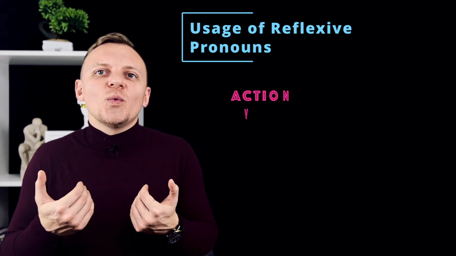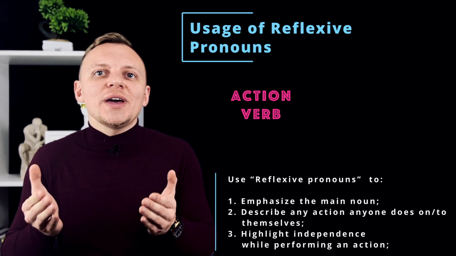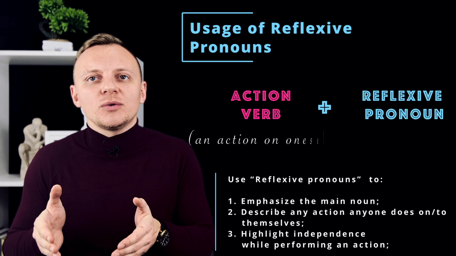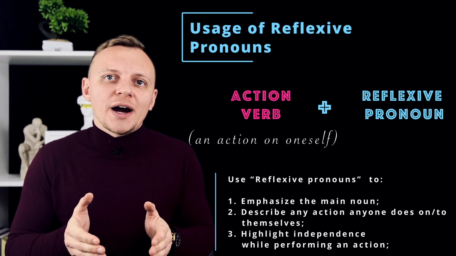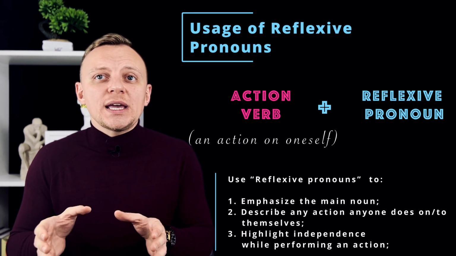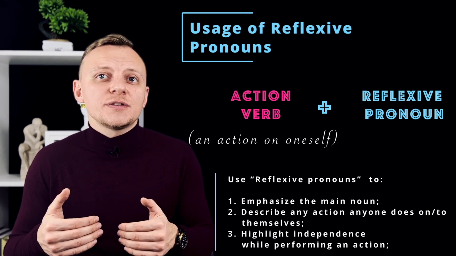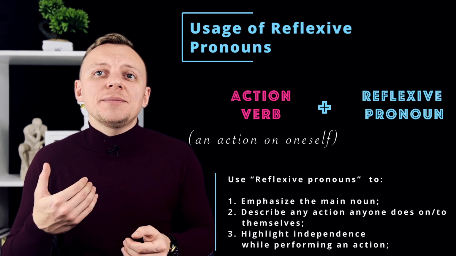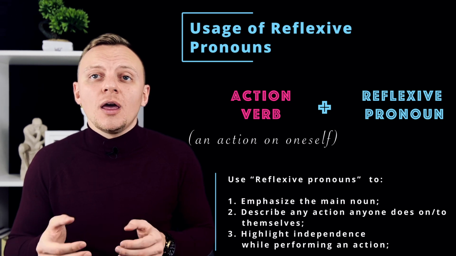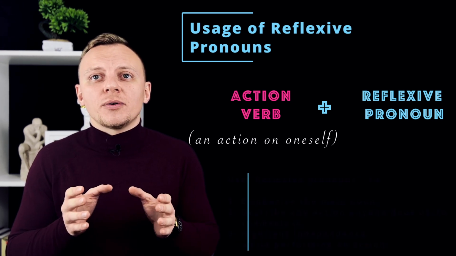That is, if we want to emphasize the main noun or describe any action that we, you, or anyone else does to themselves, or highlight independence while performing an action, we use reflexive pronouns.